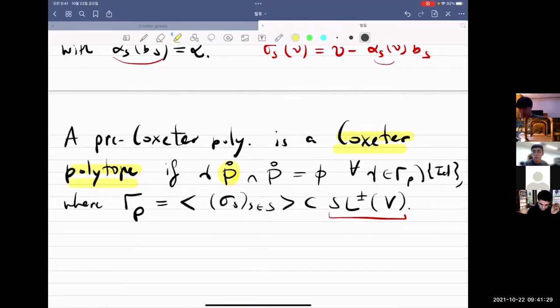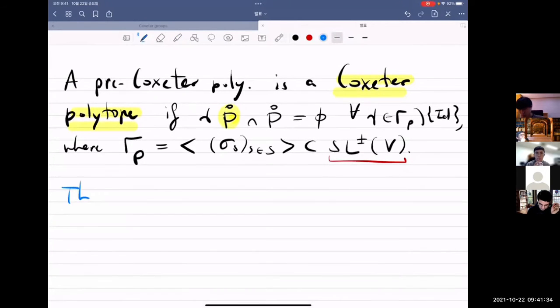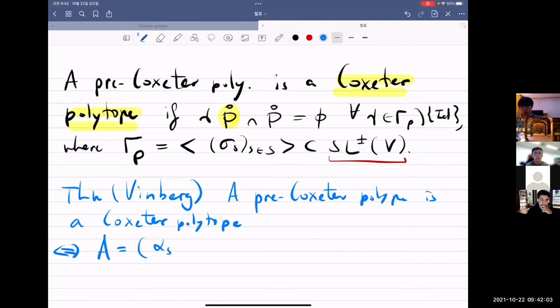Okay, so this is my Coxeter polytope, and the really important part is the following theorem of Vinberg: the pre-Coxeter polytope is a Coxeter polytope if and only if the matrix we can easily obtain from this pre-Coxeter polytope is a Cartan matrix.